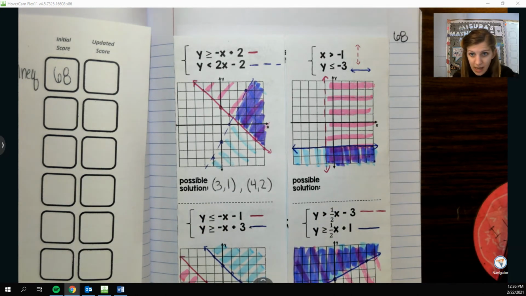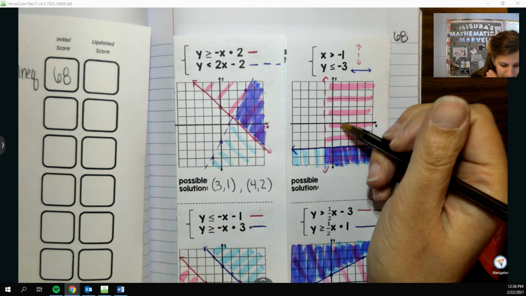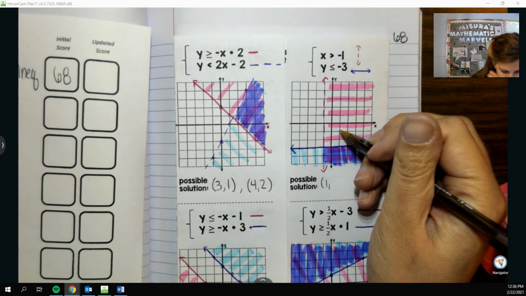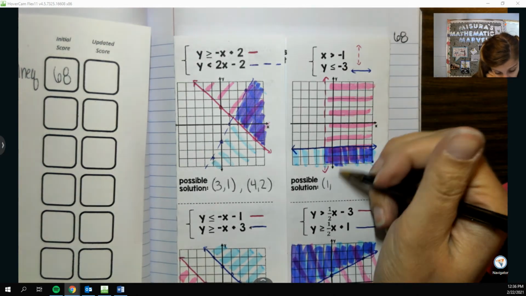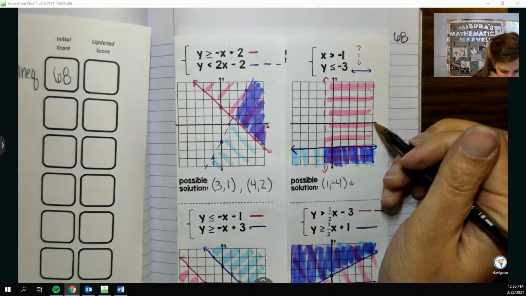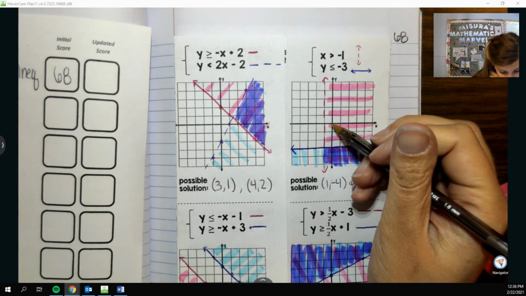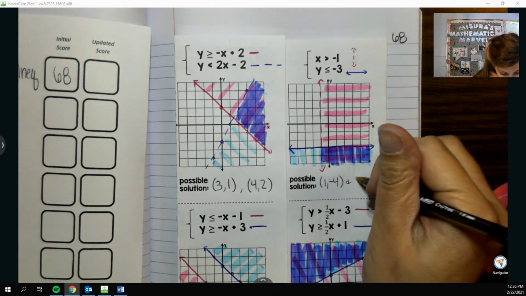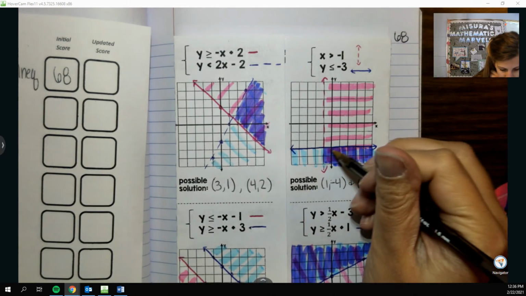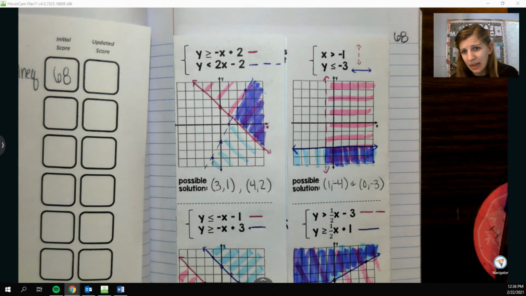Some possible solutions are like (1, -1), or (2, 3), or (0, -1), because you can be on the line. You could come up with lots of them. Any of the points down there, even halfway points, would be fine.